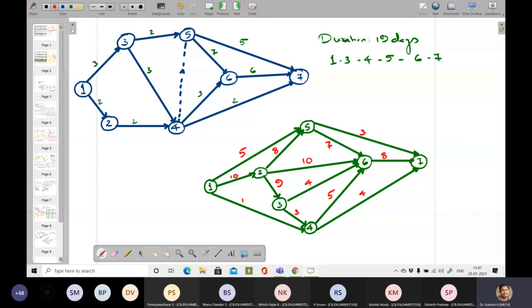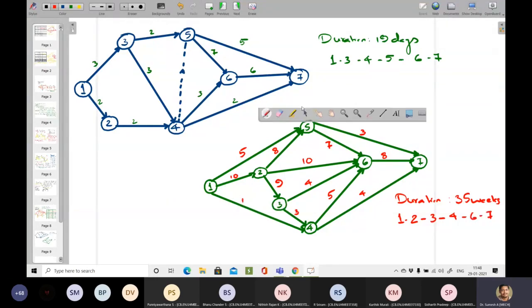So we can try both before the evening class. The duration, I'm giving the answer also for you to verify. So the critical path is 1 to 2 to 3 to 4 to 6 to 7.